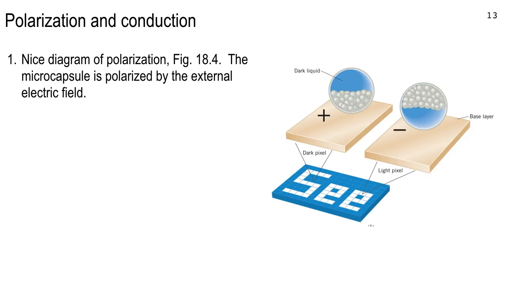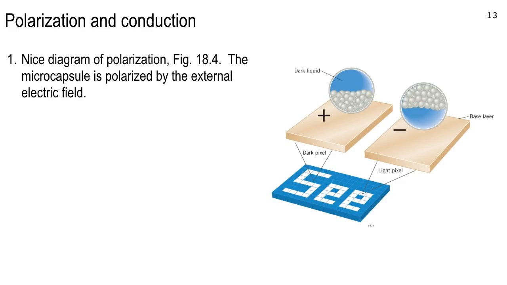It describes a little micro droplet in which there are little tiny balls of white plastic, and I don't know how they make it, but the balls go to the bottom when the copper plate below is positive.